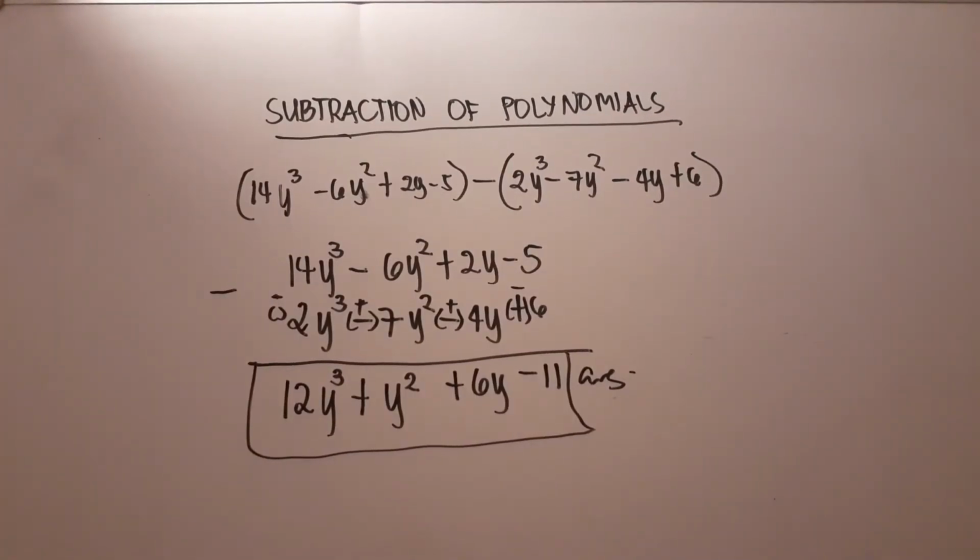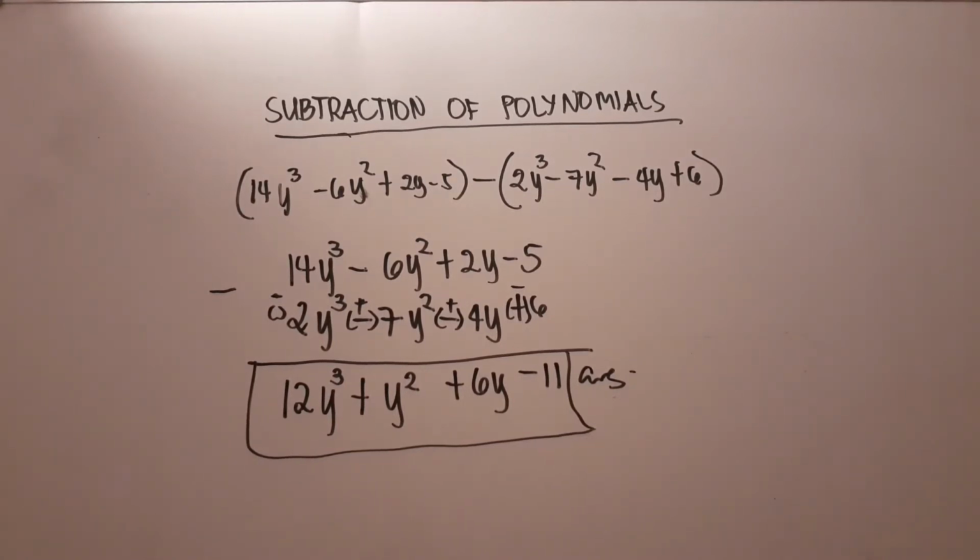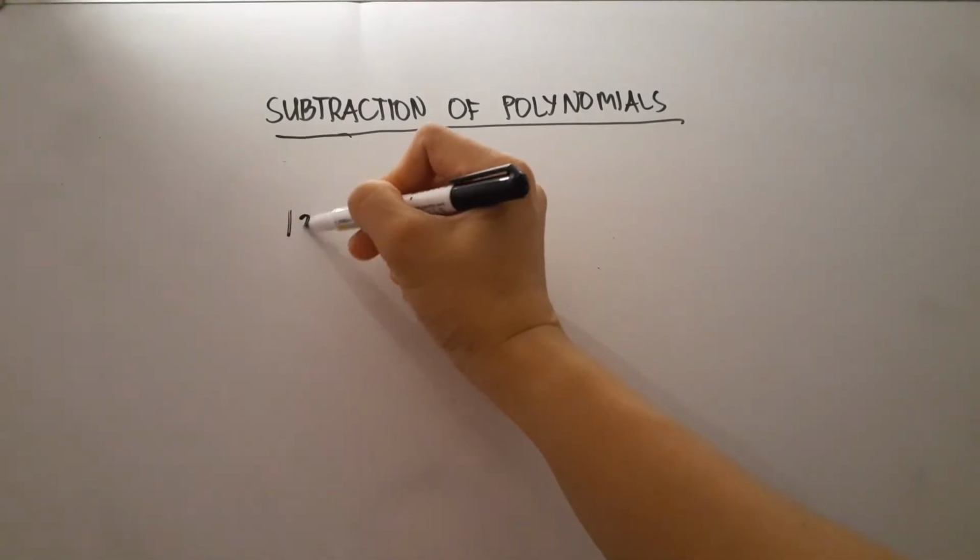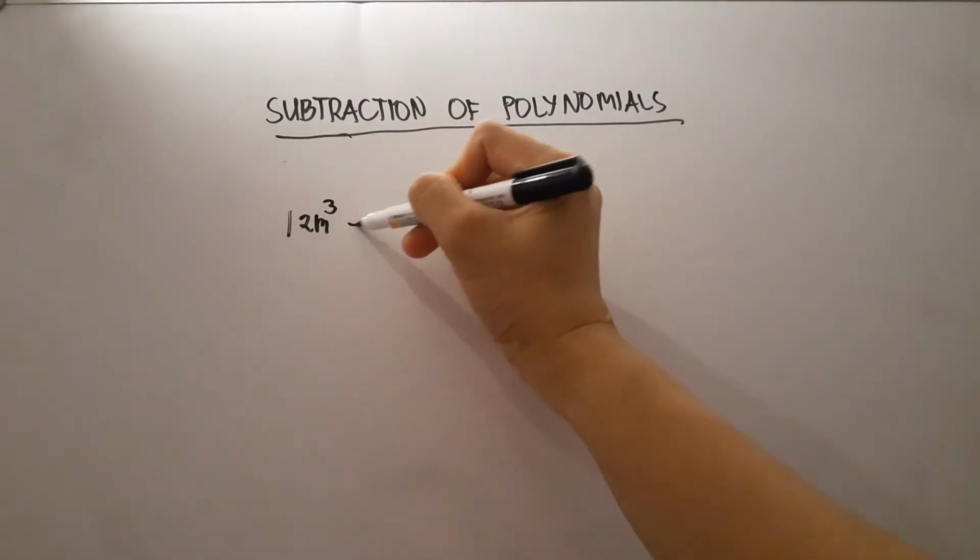Either the horizontal or vertical method may be used for adding and subtracting polynomials. When polynomials in more than one variable are added and subtracted, we combine like terms, just as with single variable polynomials.